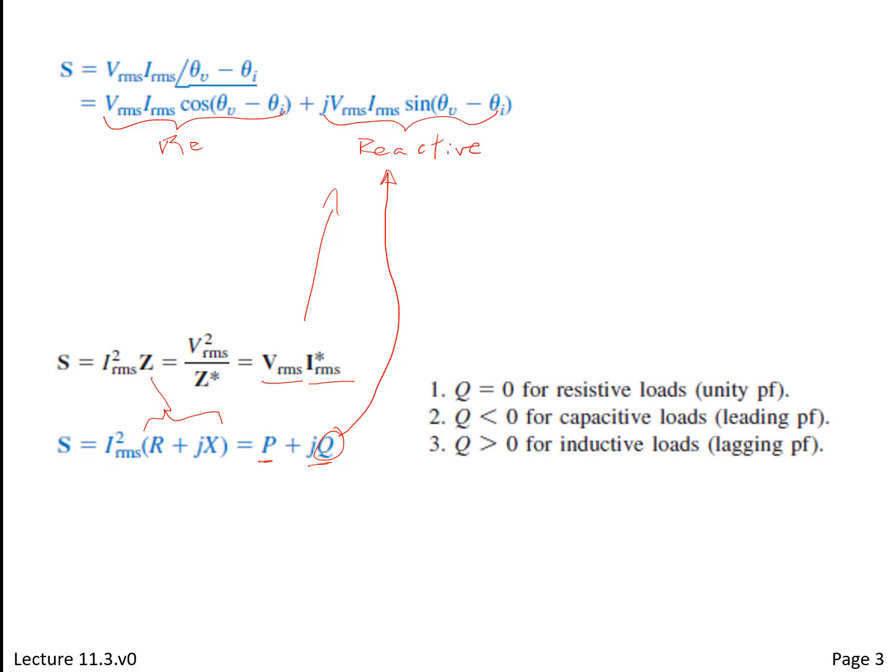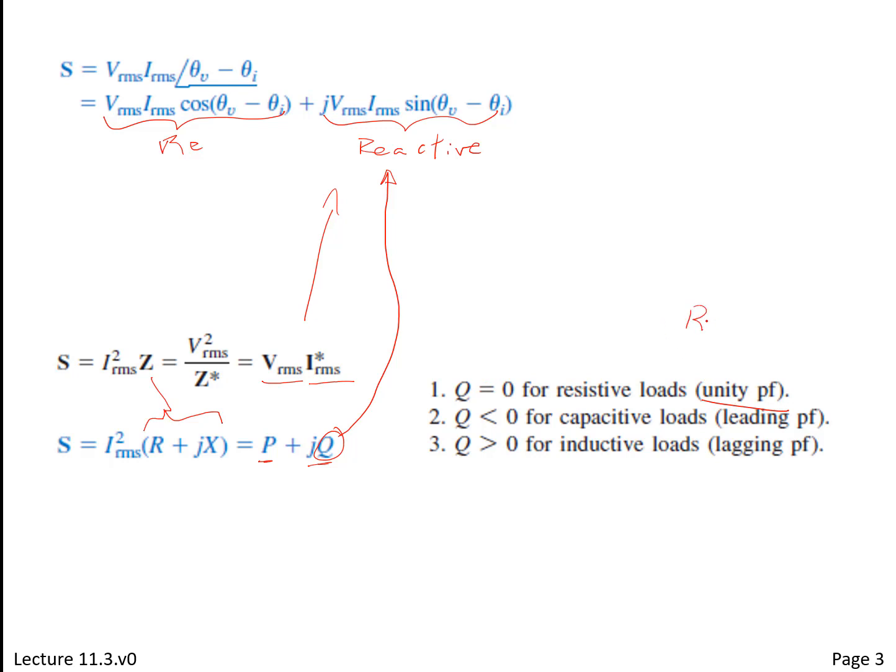So Q is the thing that's going to control how good or how bad it is in terms of delivering real energy. Q is the killer. So if Q is 0, you got a unity power factor. Why is that?